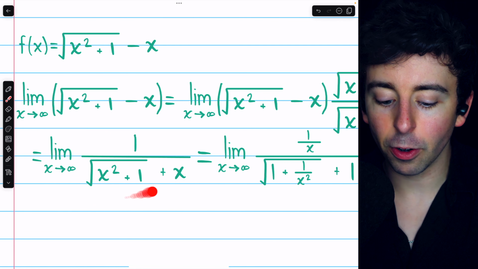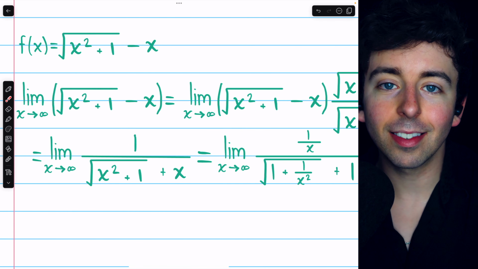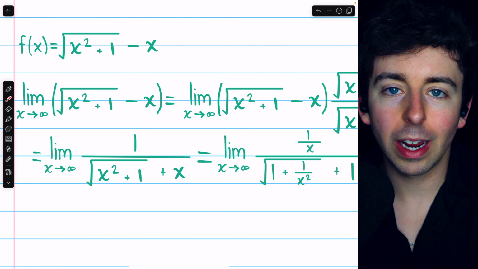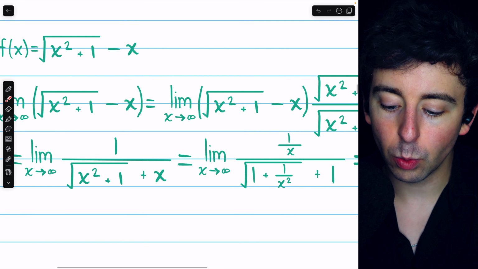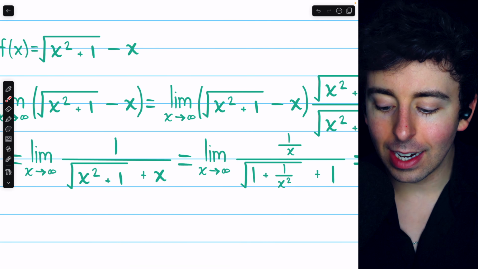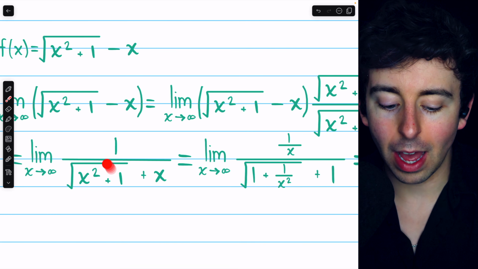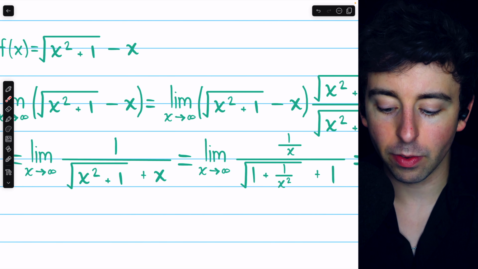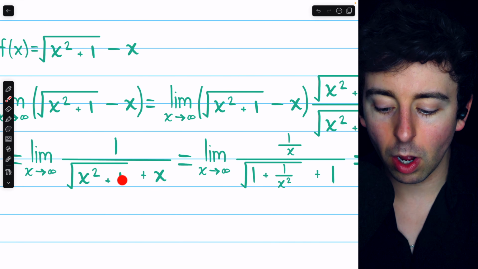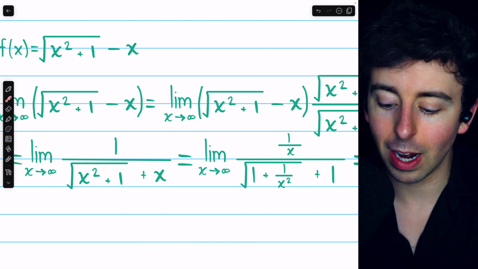That gets us here, and to finish evaluating this limit, we can divide the numerator and denominator by x. So in the numerator, we have 1 divided by x, and in the denominator, we can divide in the square root by x squared. So x squared divided by x squared is 1, and 1 divided by x squared is 1 over x squared.